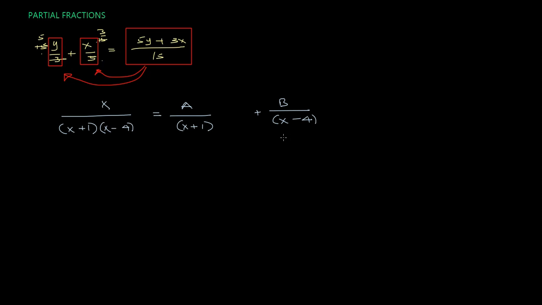Right? In the next step, we have to do away with the denominator by multiplying with the denominator for this fraction. We have to multiply by x plus 1, x minus 4. Then we have x plus 1, x minus 4 times a over x plus 1, plus x plus 1, x minus 4 times b over x minus 4.